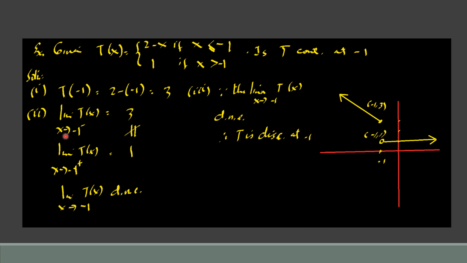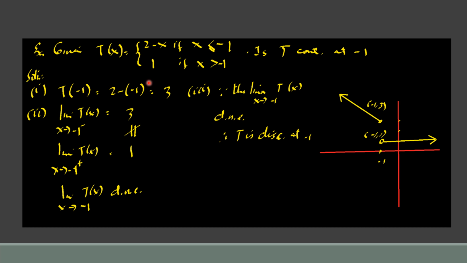So as x approaches negative 1 from the left, meaning less than negative 1, we take on the limit of 2 minus x as x approaches negative 1. And that is equal to 2 minus negative 1, or 3. As for the right-hand limit, as x approaches negative 1, that means that x is greater than negative 1. And for x greater than negative 1, t of x is 1.